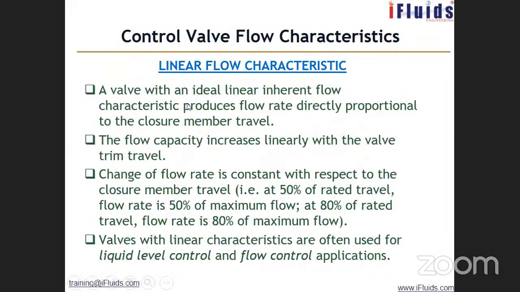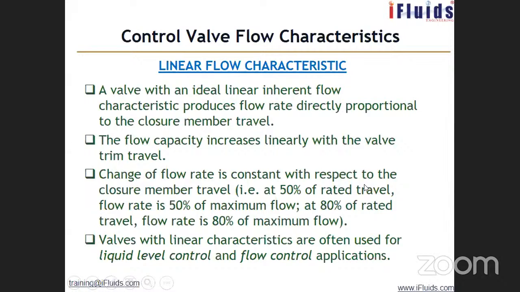Linear flow: a valve with an ideal linear inherent flow produces flow rate directly proportional to the closure member travel. That is, it is directly proportional to the percentage opening of the valve, and it varies directly with the travel of the valve trim inside. Change of flow rate is constant with respect to the closure member travel.